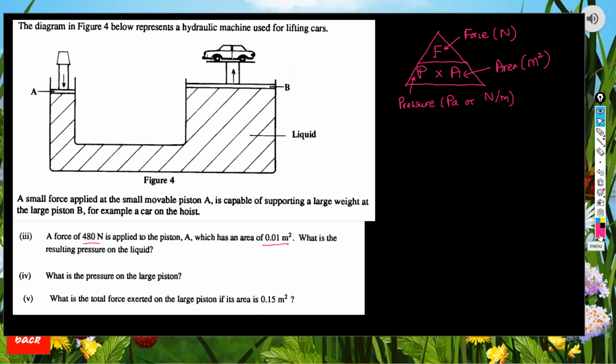So there are no tricks in this question. Pressure is just force divided by area. You just show the examiner, you take the 480 and divide it by the 0.01, and you get 48,000 pascals, or you could put Newtons per meter squared. I don't think any examiner is really going to care which unit you put it in.